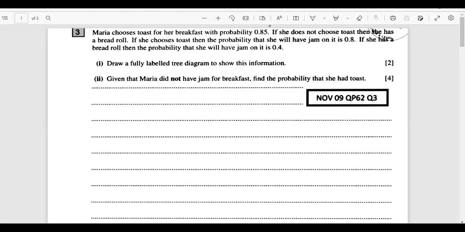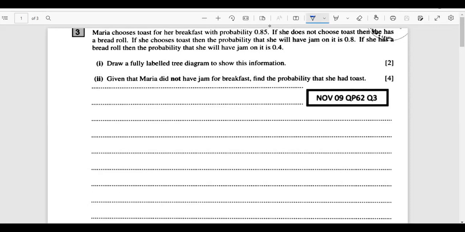If she does not choose toast, then she has a bread roll. If she chooses toast, then the probability that she will have jam on it is 0.8. If she has a bread roll, then the probability that she will have jam on it is 0.4. Apparently it looks very, very complicated, but it is not. After the first part, it would become very easy. Draw a fully labeled tree diagram.